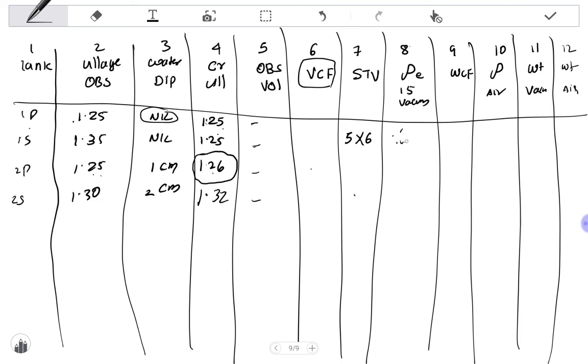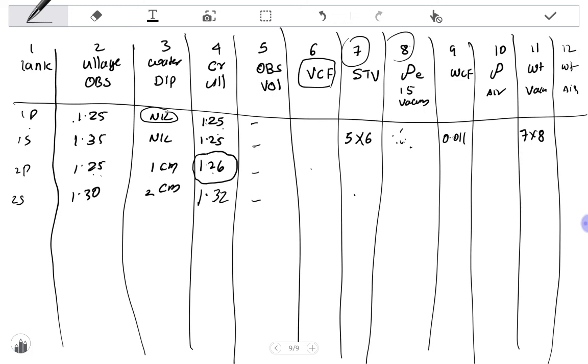Okay, and you multiply this number 7, standard volume, with the standard density. What you get? You get standard weight, that is standard weight in vacuum. That is here 7 into 8. Now weight correction factor, that is 0.0011.